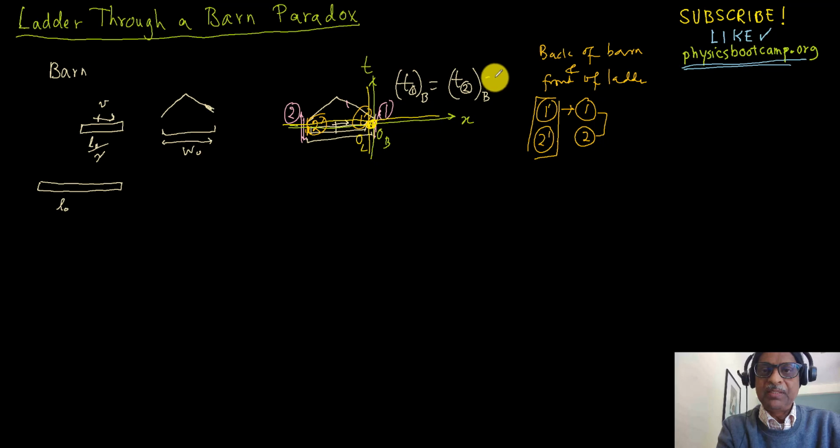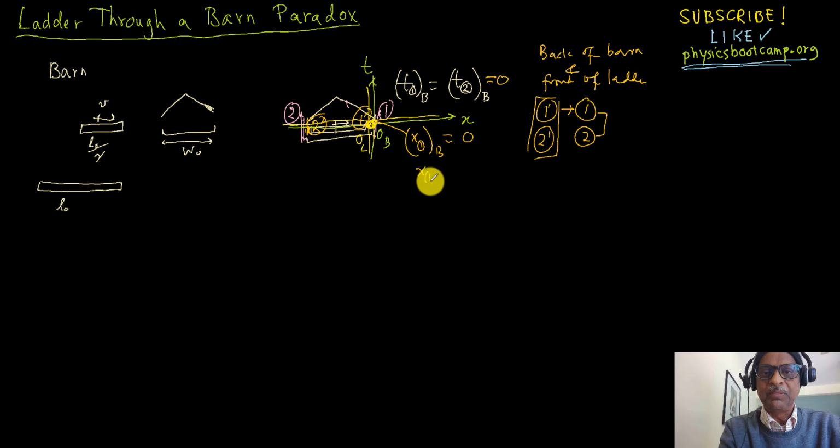So for us this is equal to 0. We're just setting up so that everything is 0. And what about the x's? The x of this 1 is 0.